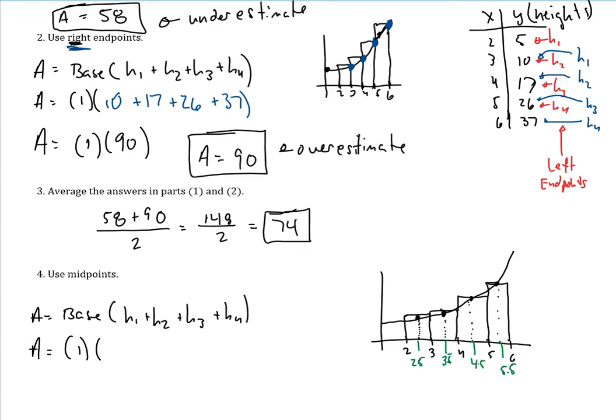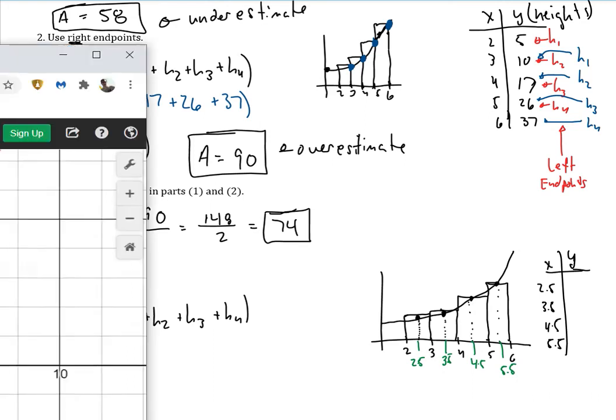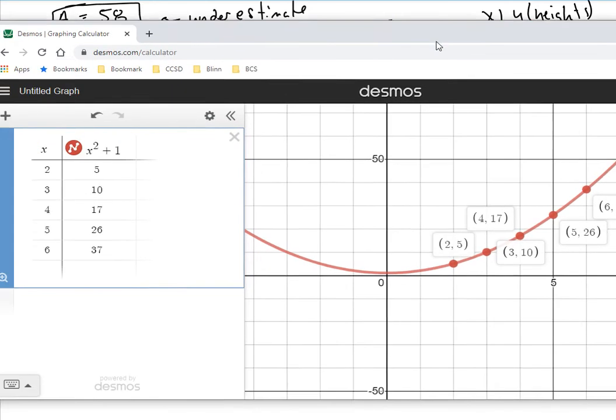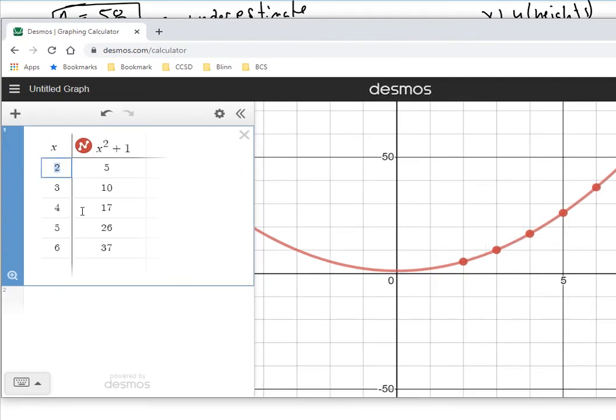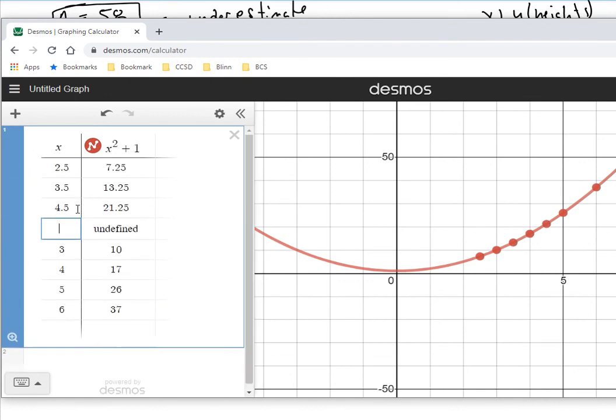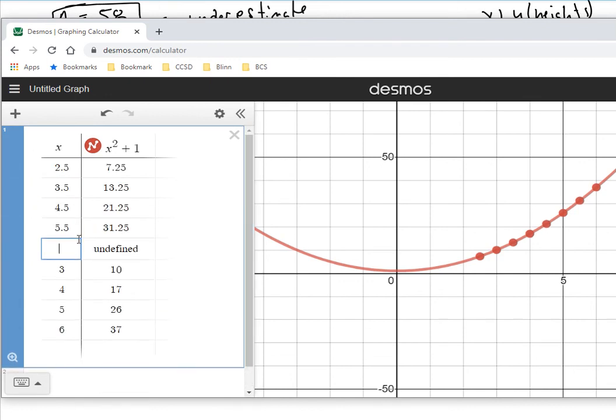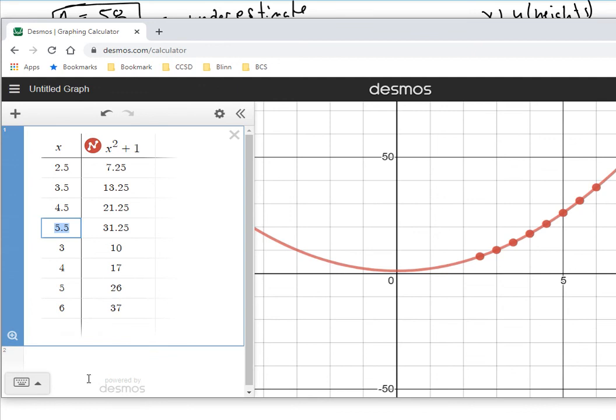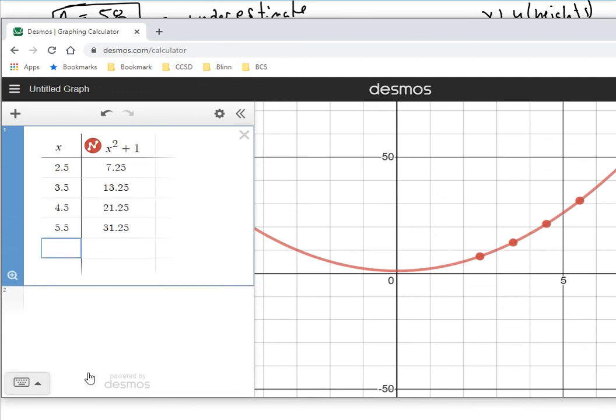Well, let's get a different table, and let's use the 2.5, 3.5, 4.5, and 5.5 x values, which will give us the heights to four new rectangles that lets us find the area. So I'm back to here, but let's change these: 2.5, 3.5, 4.5, 5.5. And all the others I don't really need, so I'm going to delete them so I'm not confused.